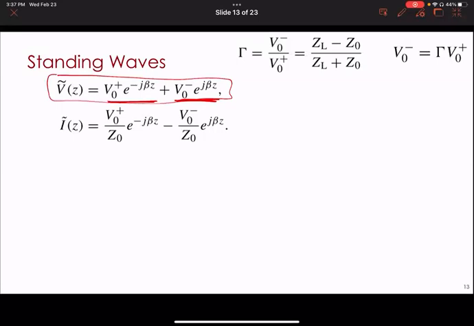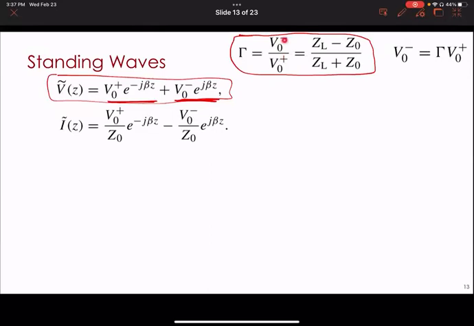Now, I recommended last time that you memorize it if you can, but if not, have it on your formula sheet. Gamma, that's our reflection coefficient. The capital gamma. Our lowercase gamma is something very different. The lowercase gamma is that weird curly one that is our propagation constant, right? The capital gamma is our reflection coefficient.